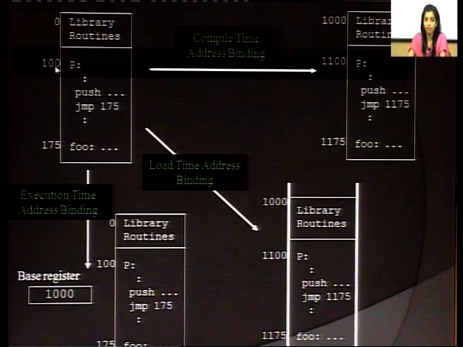Here is 100, we just add the base address 1000, then 100 plus 1000 is equal to 1100. This is the physical address. So in this way we are adding the base register value. Compile time and load time address binding are the same, but addresses are different at the execution time.